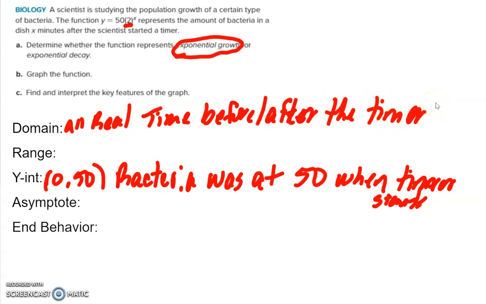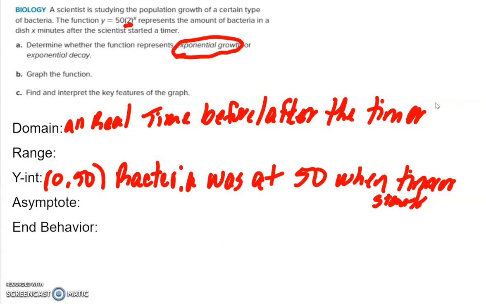So if I had a -5, that means 5 minutes before the timer started, this is how big the population was of the bacteria. Because remember, the scientist put the bacteria in the dish before he started the timer. Then he started the timer, and then you would see that the bacteria grew.